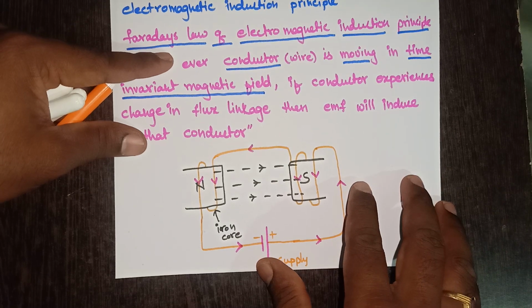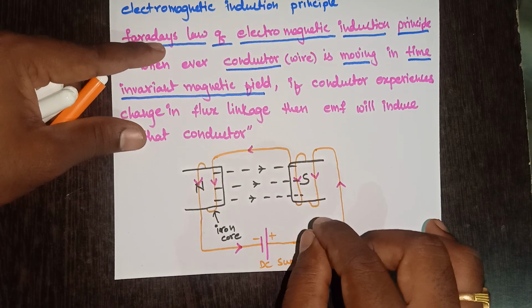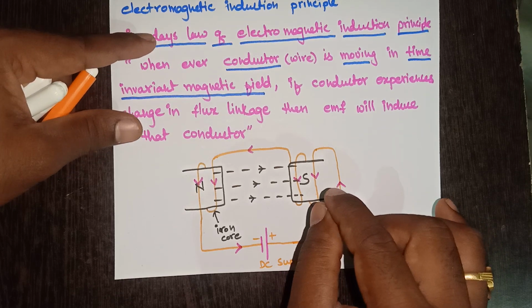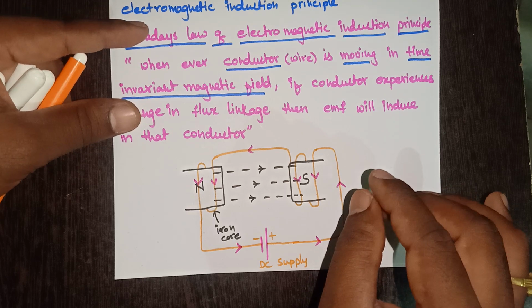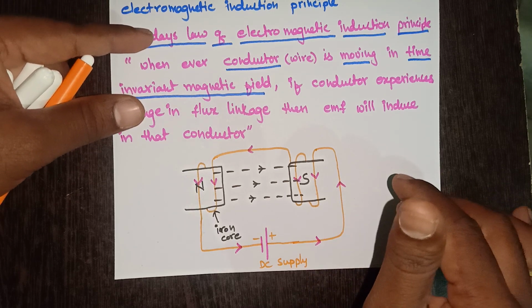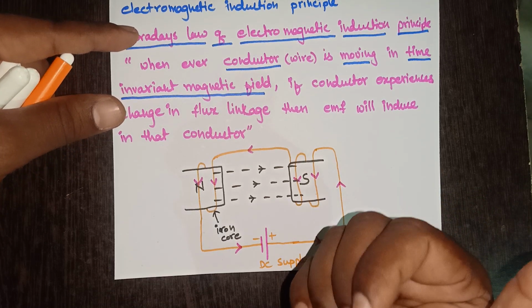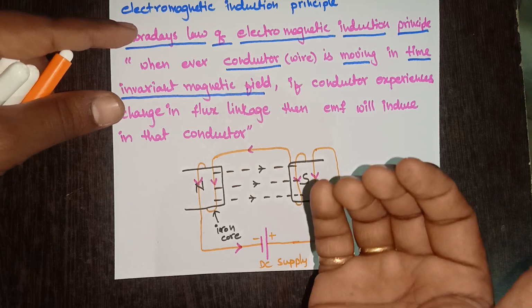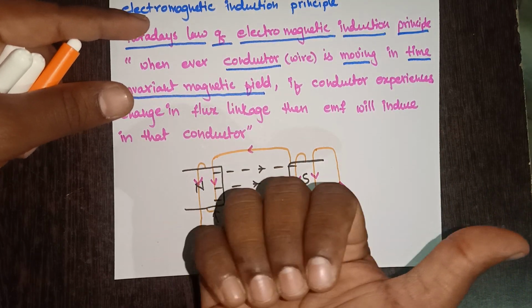So now we understood that by giving electrical input to any coil or winding, that coil becomes an electromagnet and produces flux lines, determined by the right hand thumb rule. Current direction is represented with the four finger curl, and the thumb represents flux direction.